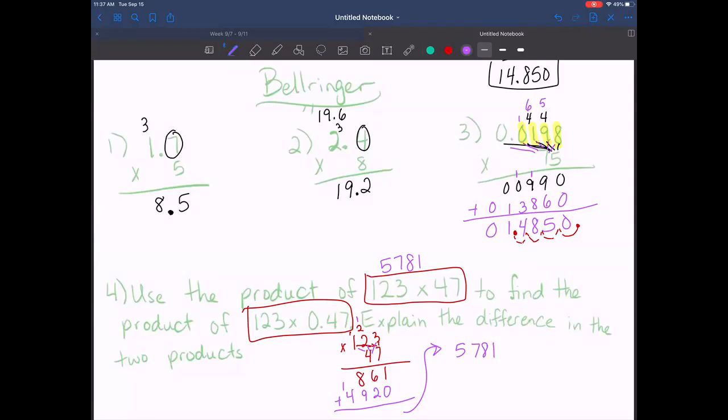So make sure that you count how many decimal places are in this second problem. I'll highlight it. So count how many decimal places are there and put in the decimal point where it should go in the 5,781 answer.